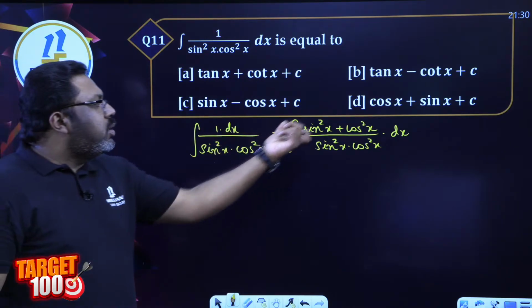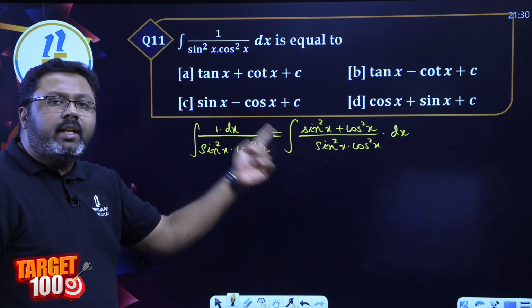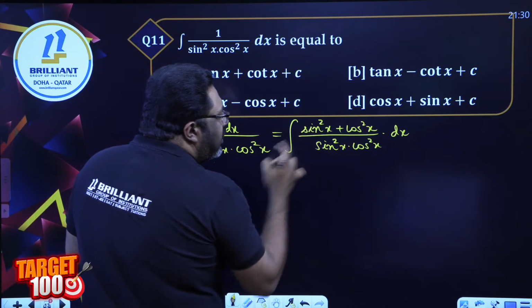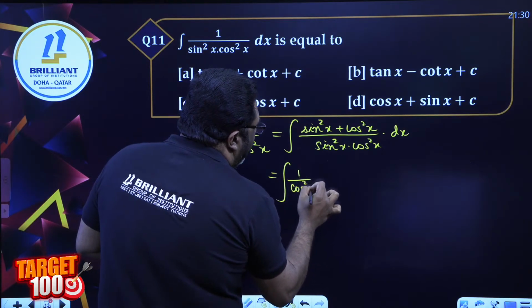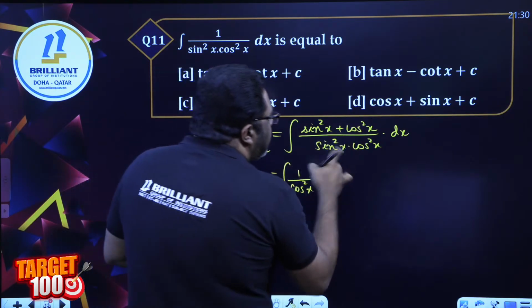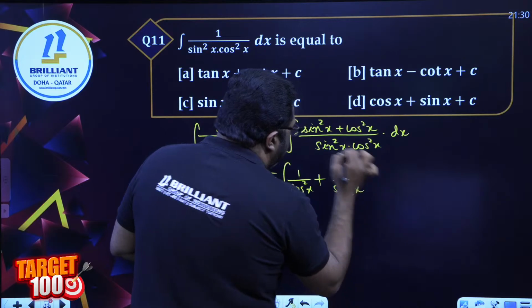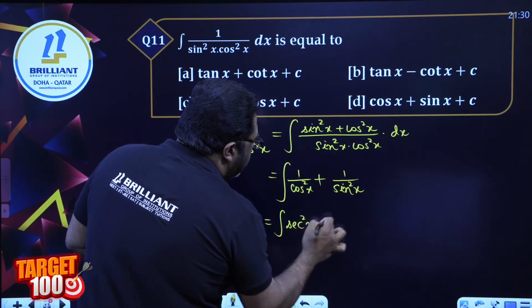Sine squared x plus cos squared x is 1, so use that identity to write the numerator. Split the numerator. You will get sine squared by sine squared cos squared, which is 1 by cos squared, and cos squared by sine squared cos squared, which is 1 by sine squared. So what is the integral of sec squared x?